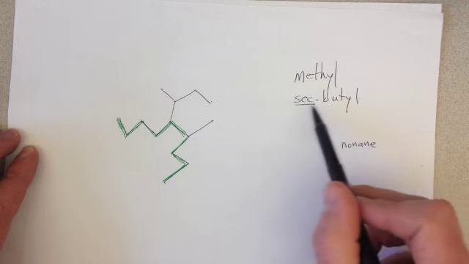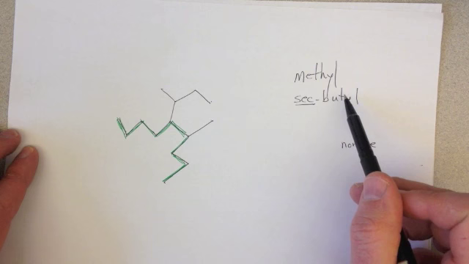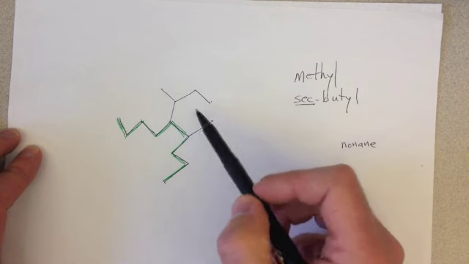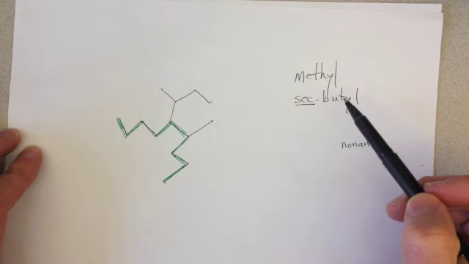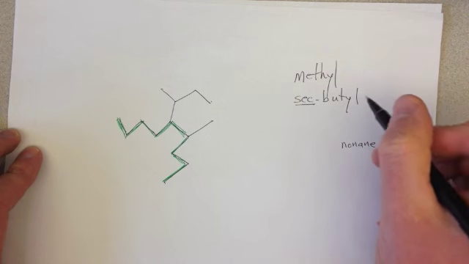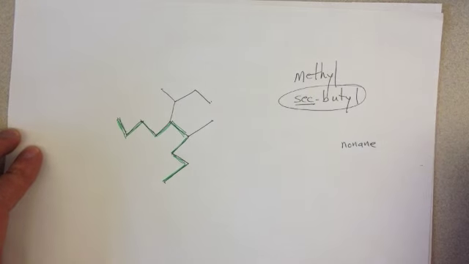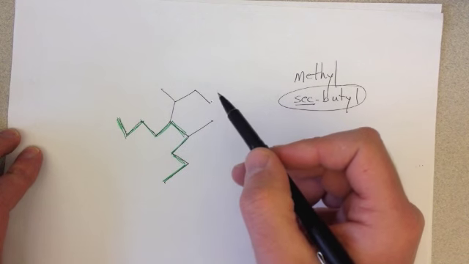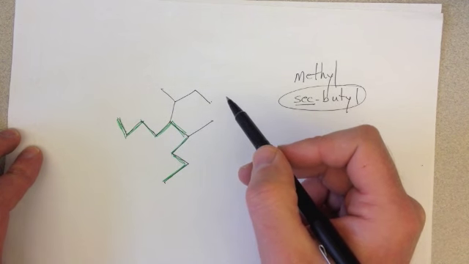But what if we didn't know this common name? What if we hadn't memorized that? There's got to be some system in place to name any sort of weirdo substituent, whether we have memorized the common name for it or not. So let's name this as sec-butyl, but let's also figure out another way to name it. Now, to name complicated substituents like this, you treat it as almost a new problem.